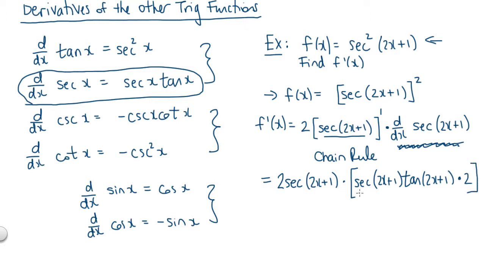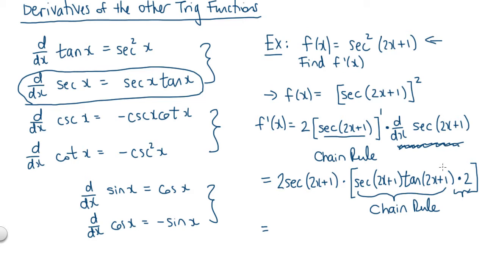Okay, and again, this comes from the chain rule because we've got the derivative of the outside function, keep the inside function the same, and then times the derivative of the inside function. All right, that is all our derivatives done. So we've got now a little bit more organizing to do.